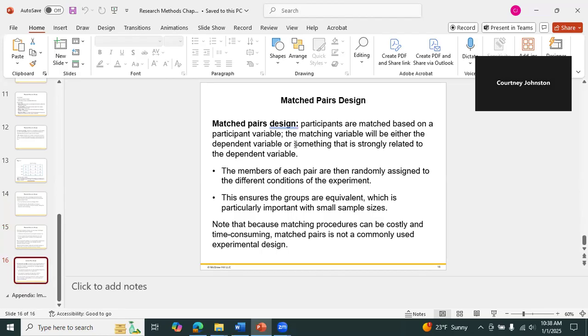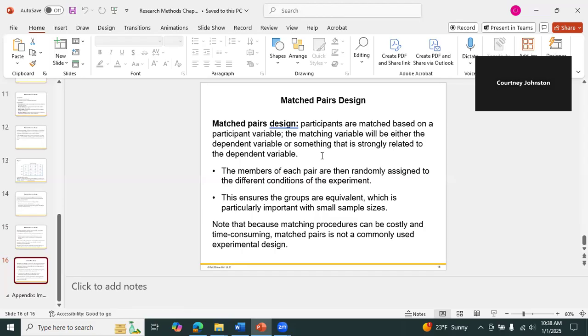We also have the matched pairs design. This is where participants are matched based on a participant variable, and the matching variable will either be the dependent variable or something that is strongly related to it. So the members of each pair are then going to be randomly assigned to the different conditions of the experiment.